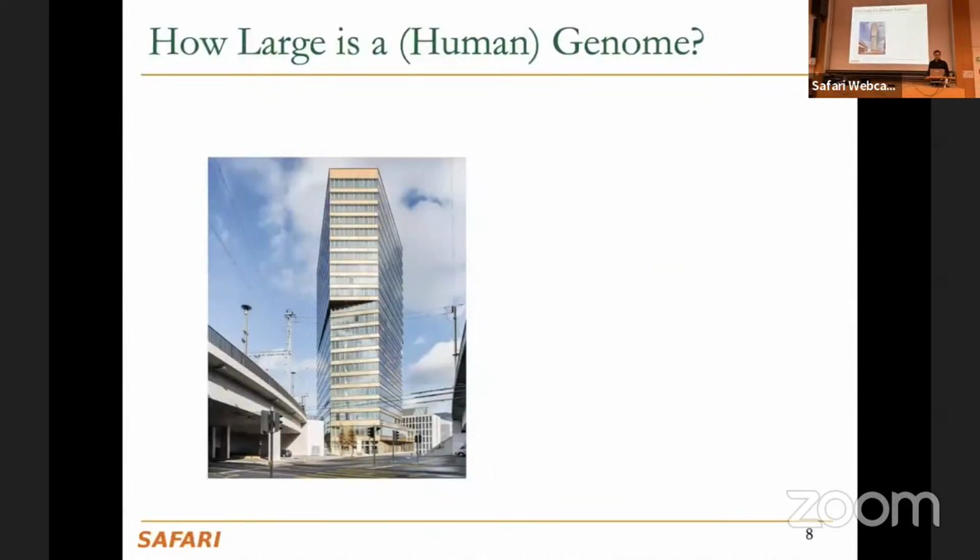The next question is how large is a genome, or more specifically, how large is a human genome? What you're seeing here is one of the beautiful buildings in Zurich, located in Oerlikon.